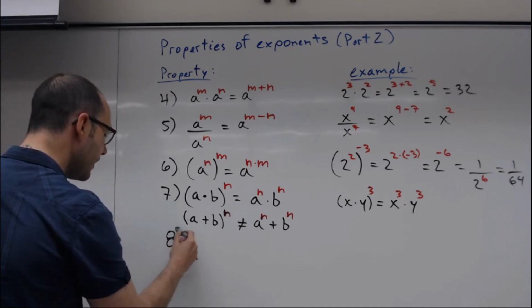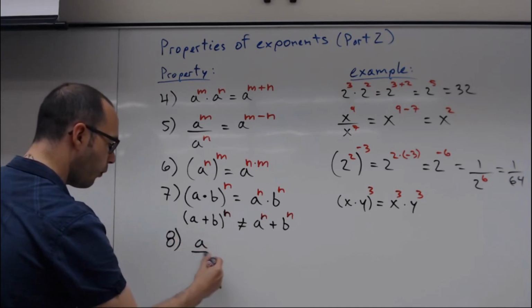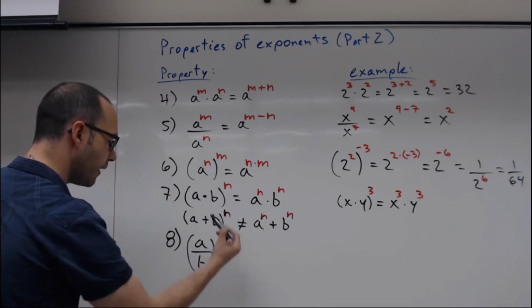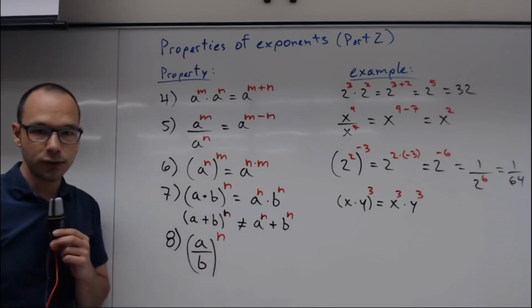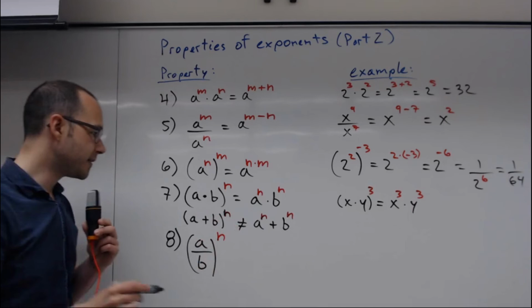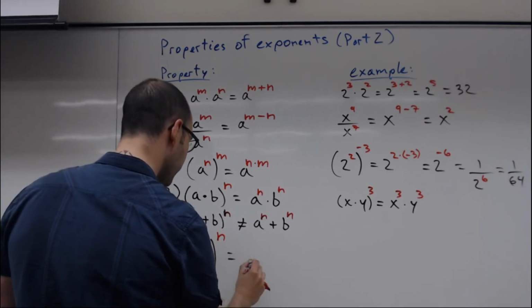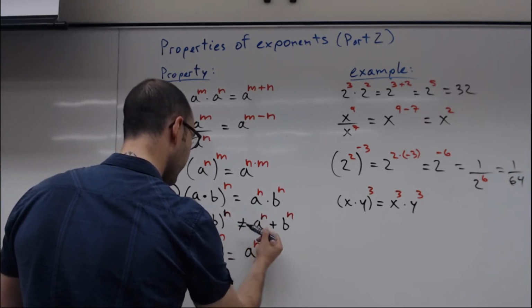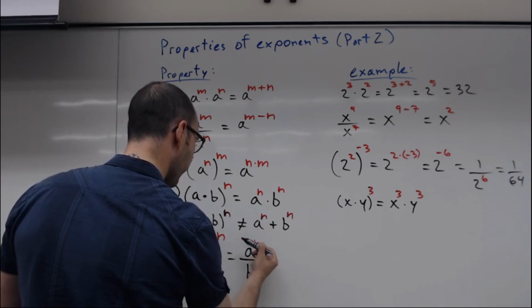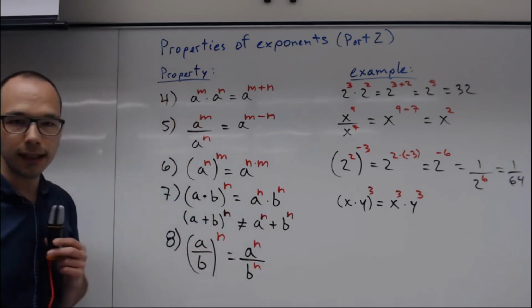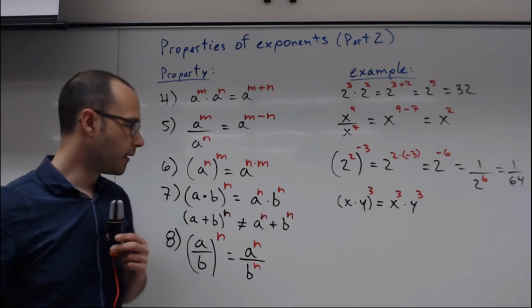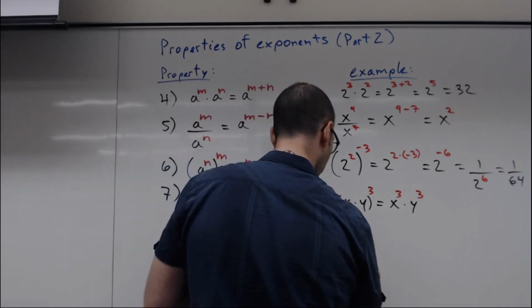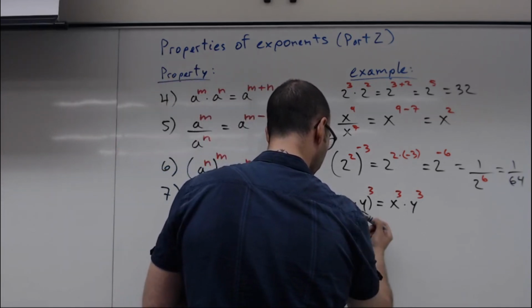Property number 8, it's going to be a over b, all of that to the power of n. This is going to be similar to property number 7. So it's going to be a to the power of n over b to the power of n. So you distribute the exponent. Here's an example, 2 over 3 to the power of 4.